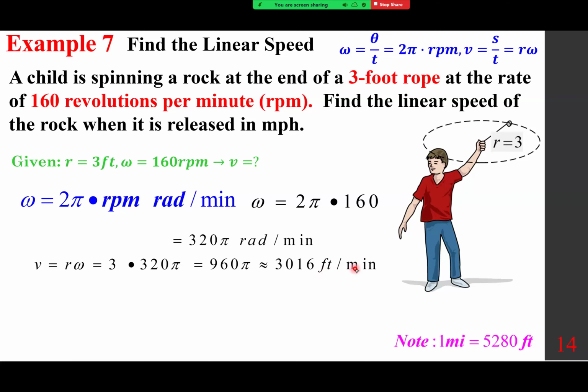We have the answer, but now we are going to go to basic math, and we need to change this from feet per minute to miles per hour. Okay, so we have the answer, but we don't have the proper units yet. 1 mile is this much. So you put 1 mile over 5,280 feet. Minute, 1 hour is 60 minutes.